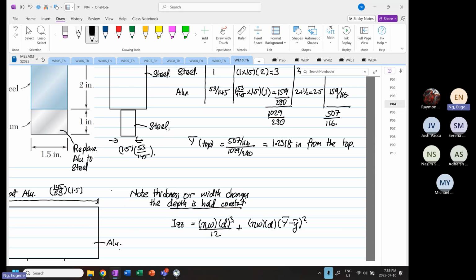What I want to draw your attention to is this. The n belongs to the what? To the width. The n did not belong to the depth. That's why the depth is held constant.